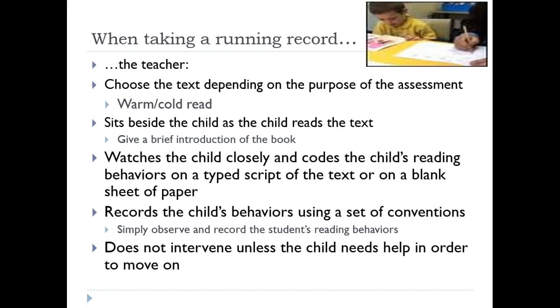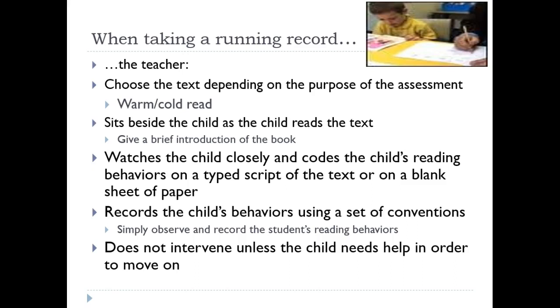You're going to sit next to a child as the child reads the text, but before starting to read, you as the teacher will give a brief introduction of the book, just very brief about what it's about. As the child is reading, you watch very closely and you code the child's reading behaviors on a typed script of text, which is much easier to code, or on a blank sheet of paper.